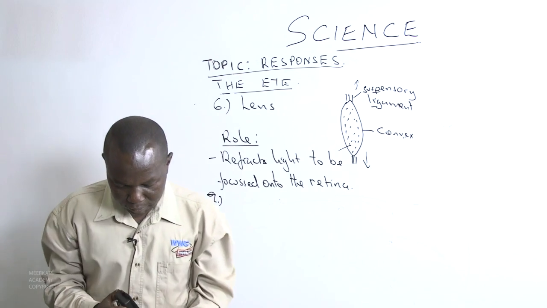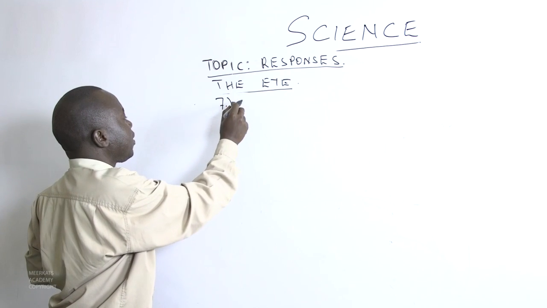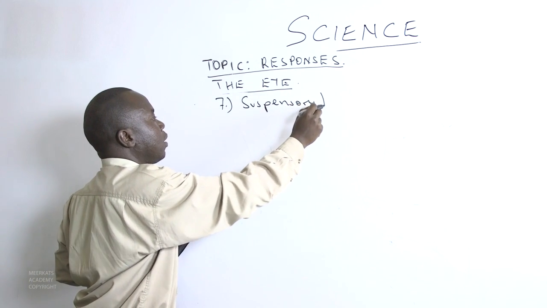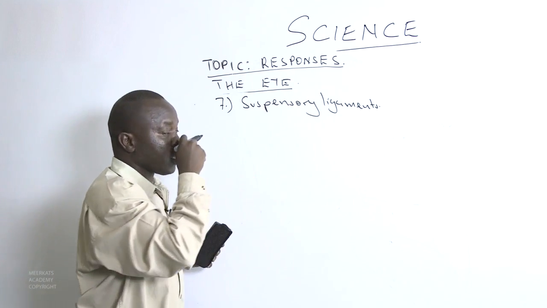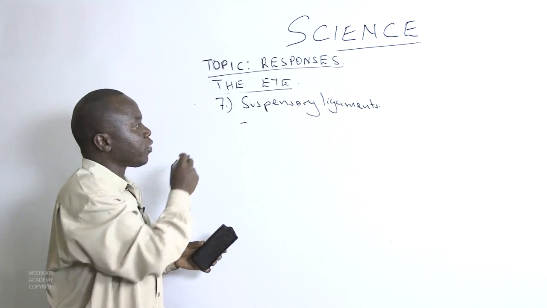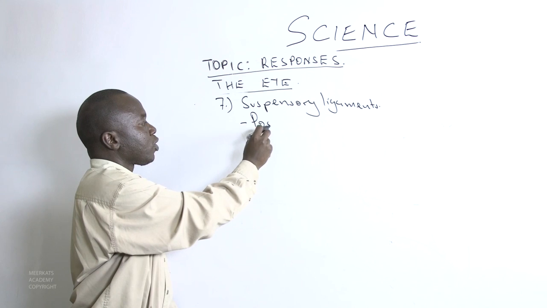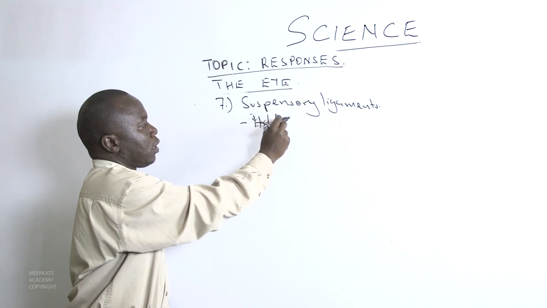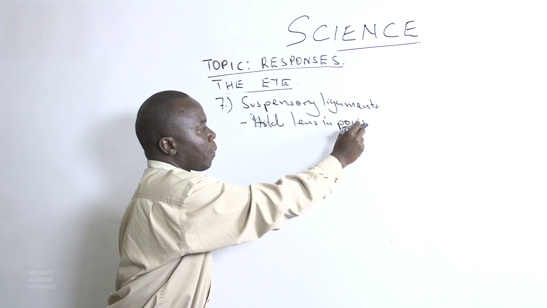Number 7 is suspensory ligament. So we have already given some roles of the suspensory ligament. We have said it's the one that holds the lens in position.